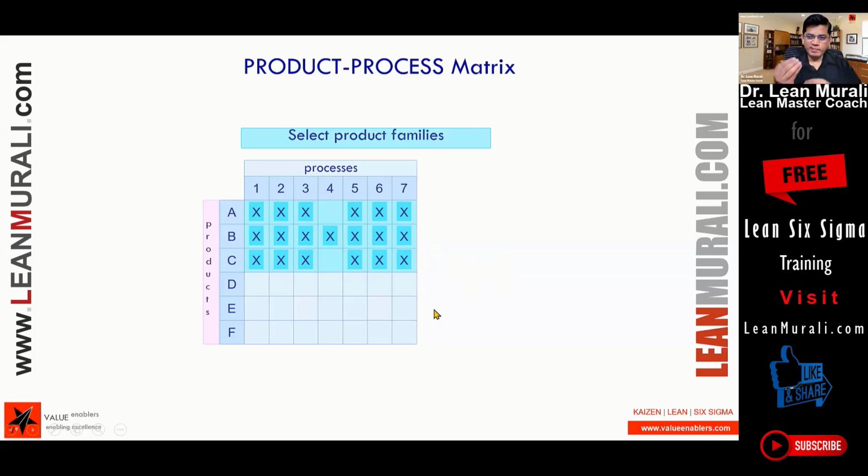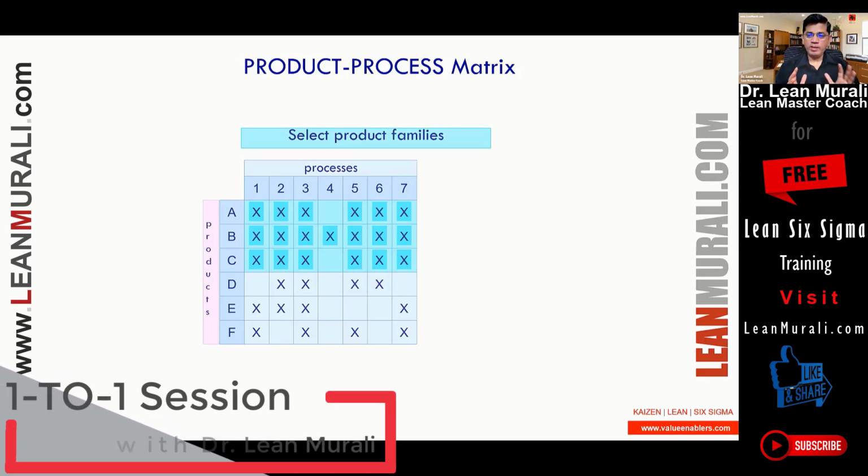Maybe the ingredients might be different. The quantity might be different. Similarly, if you see here, it might go through this process and this process. So if more or less it goes through the same set of processes, we group them as one family, and that is what we call a product process matrix.